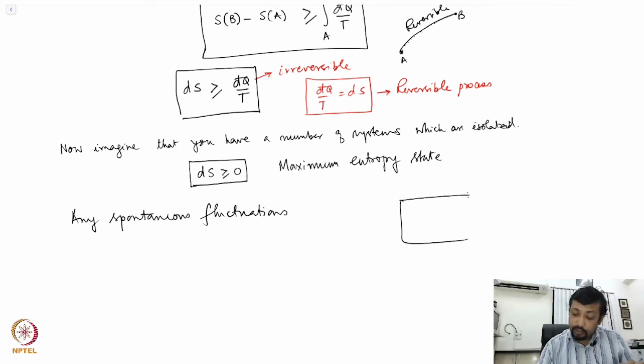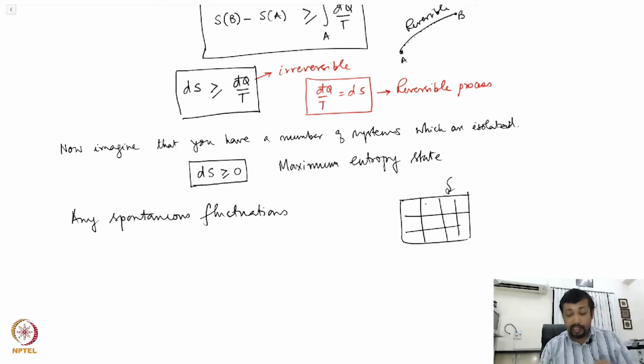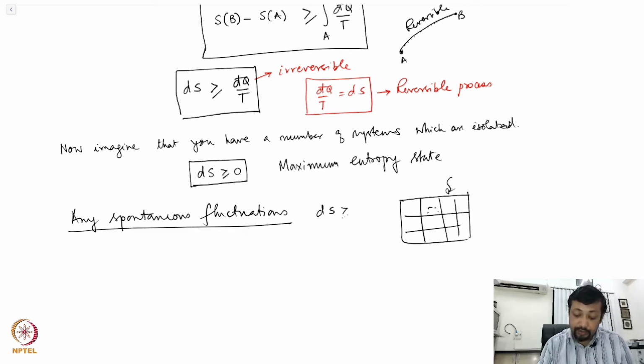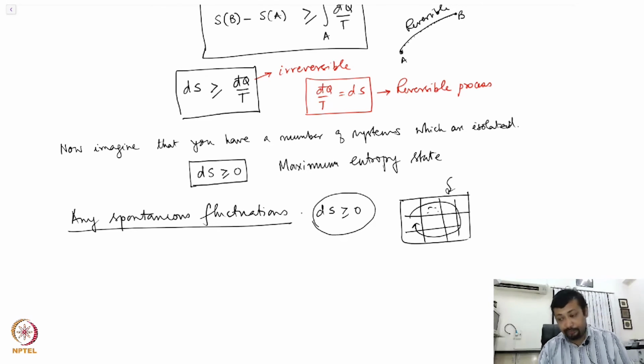Because your system, which is made up of smaller subsystems, is insulated from the outer world. So there is no heat, no energy which flows out. So anything that can happen inside is a spontaneous change. So any spontaneous fluctuations in this system must give you dS greater than 0. So which means that if they want to come to a joint equilibrium, then they have to maximize their entropy.